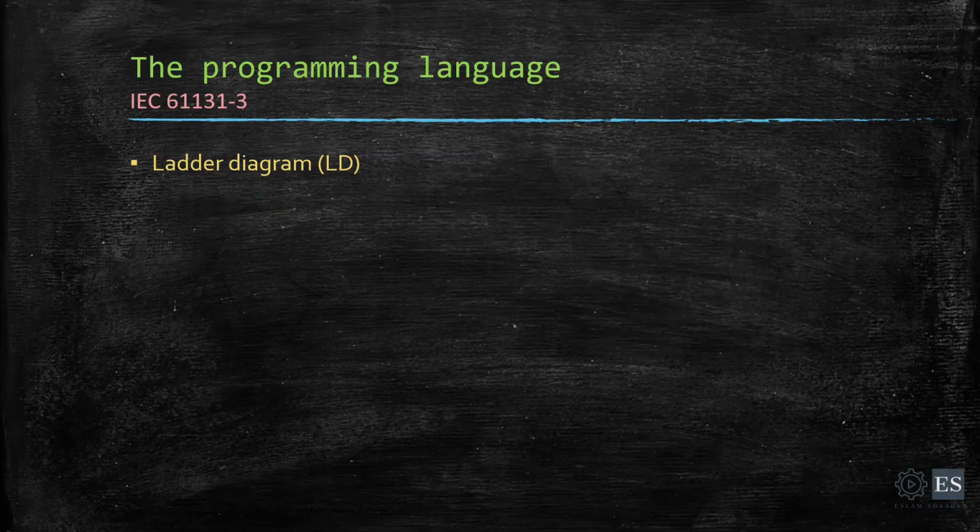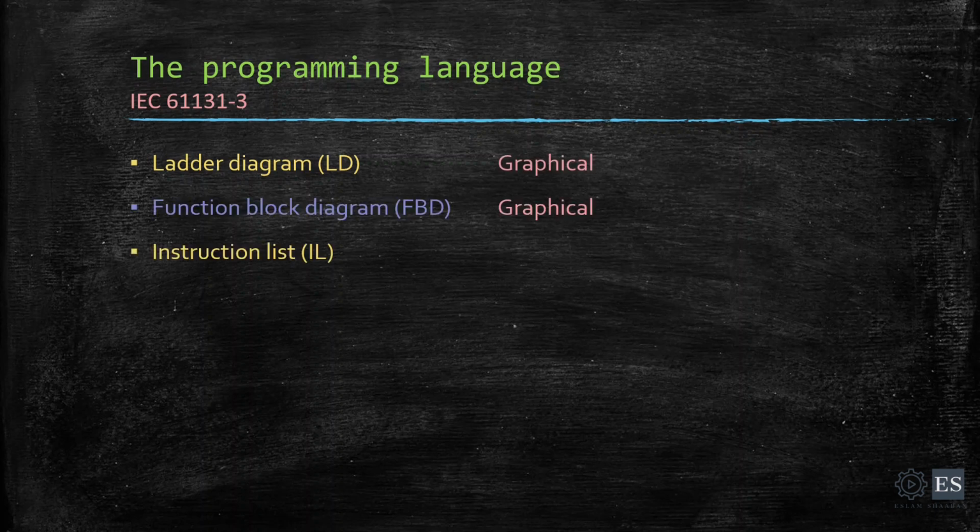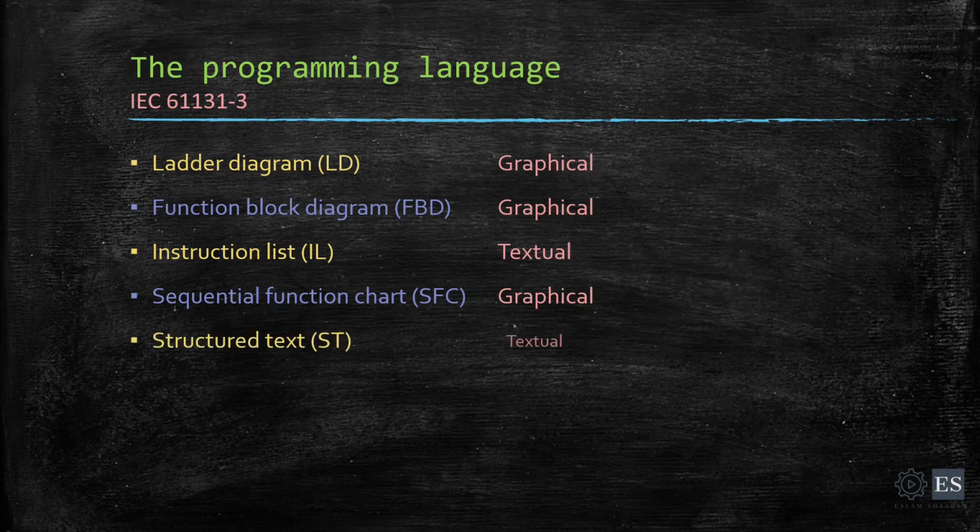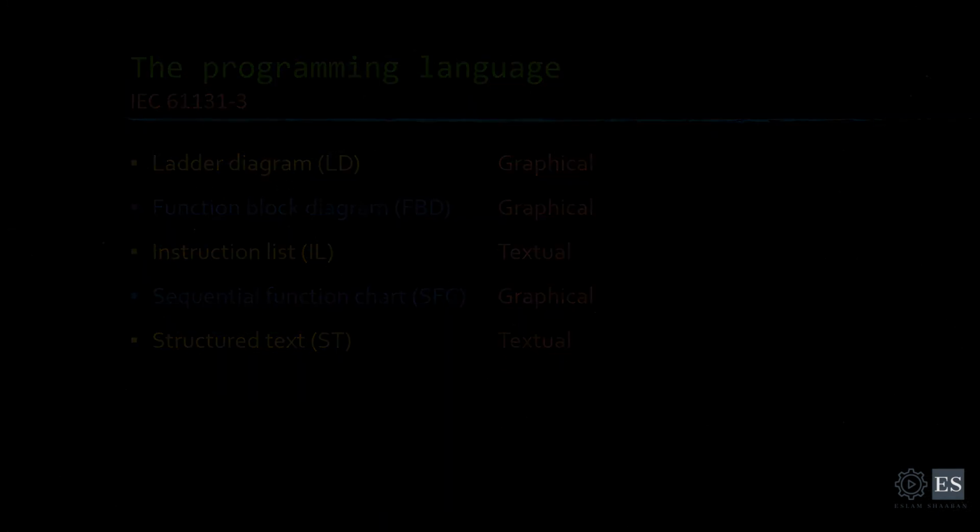It defines 3 graphical and 2 textual programming languages: ladder diagram, function block diagram, instruction list, and this has been deprecated in the 3rd edition of the standard, sequential function chart, and this has elements to organize programs for sequential and parallel control processing. And finally, the structured text.